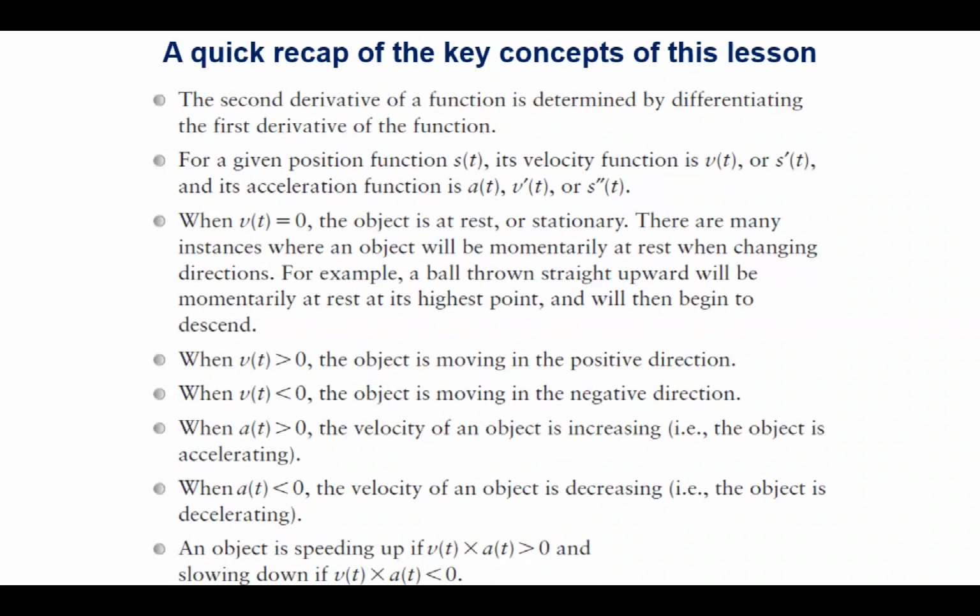When a(t) is greater than 0, the velocity of the object is increasing. When a(t) is less than 0, the velocity of the object is decreasing. Last, an object is speeding up if v(t) times a(t) is greater than 0, and slowing down if v(t) times a(t) is less than 0.